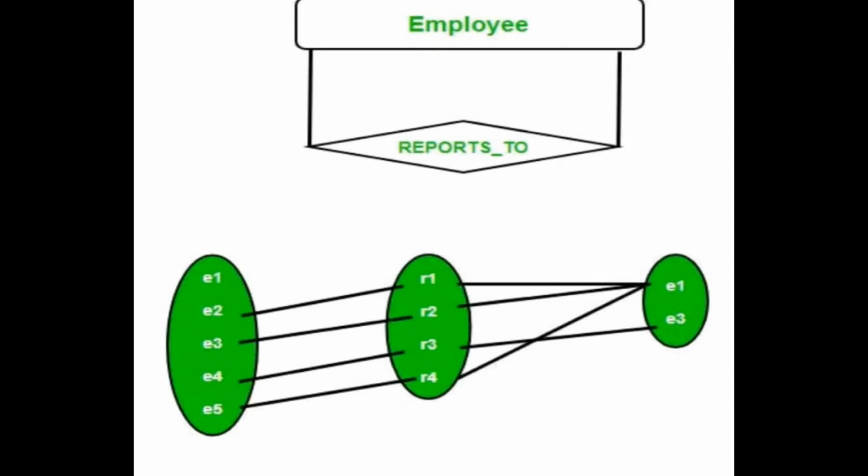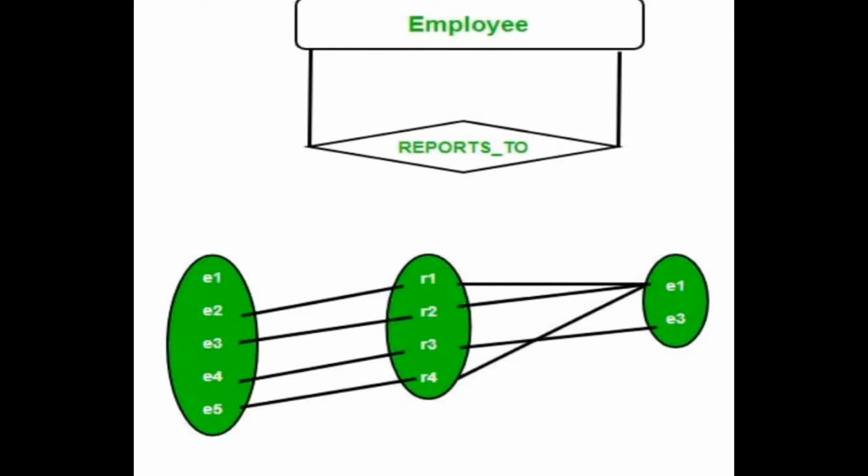First, the minimum cardinality of the supervisor entity is 0 since the lowest level employee may not be a manager for anyone. Second, the maximum cardinality of the supervisor entity is n since an employee can manage many employees. And third, similarly, the subordinate entity has a minimum cardinality of 0 to account for the case where the CEO can never be a subordinate.